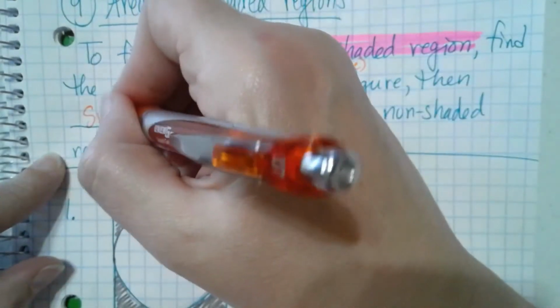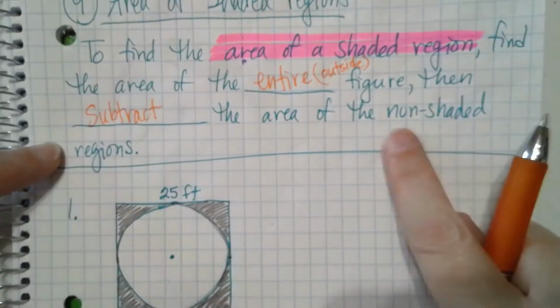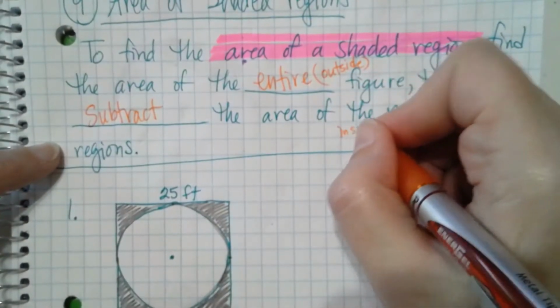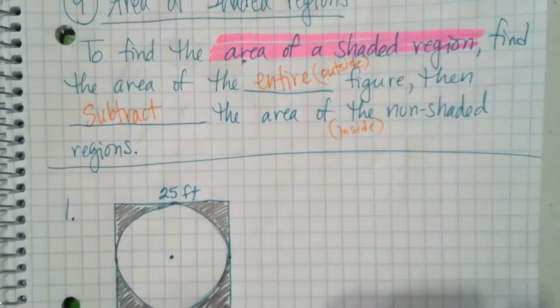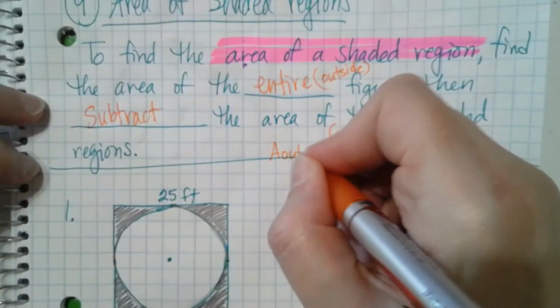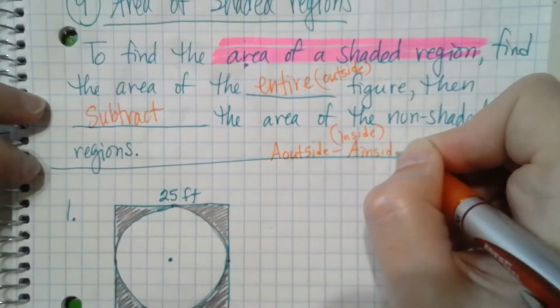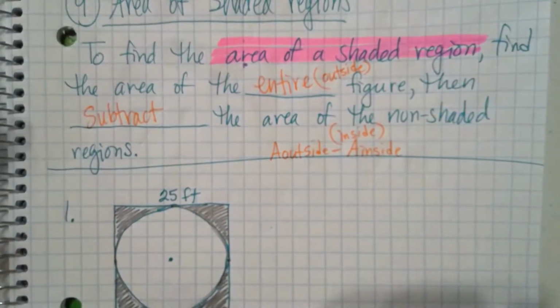We do that by subtracting the area of the non-shaded figure, which is usually the part that's on the inside. So a formula that you can use is area of the outside shape minus the area of the inside shape, whatever they are. That gives you your formula for area of a shaded region: area of the outside minus area of the inside.